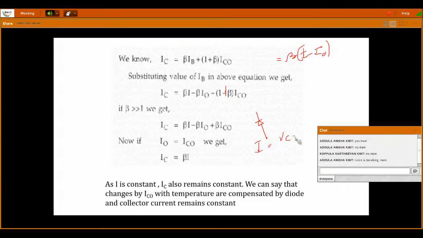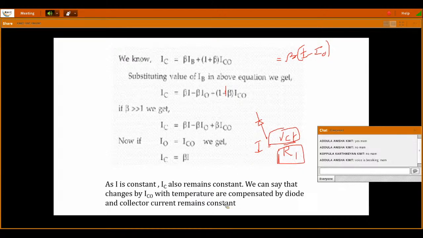R1. So as I is constant, which depends only on the magnitudes of your DC voltage as well as on the resistance R1, IC also remains constant.